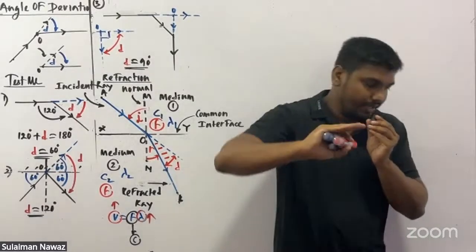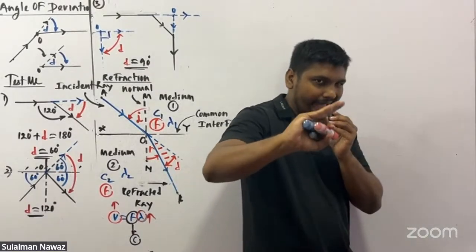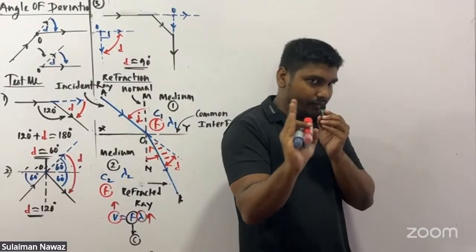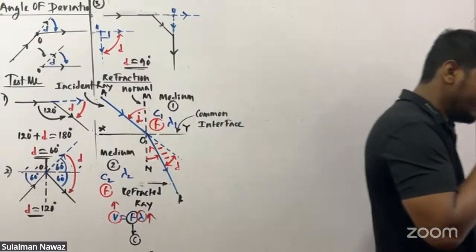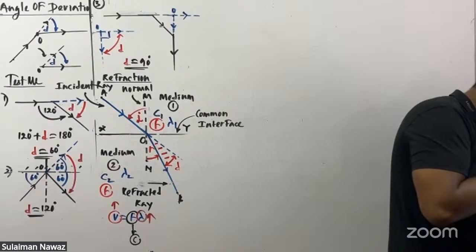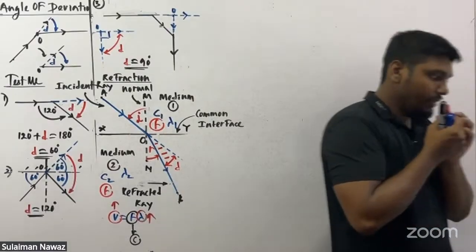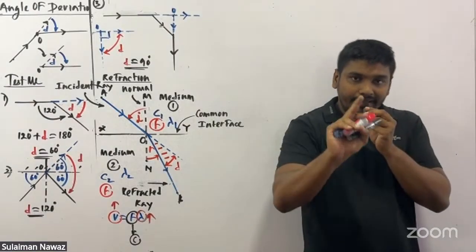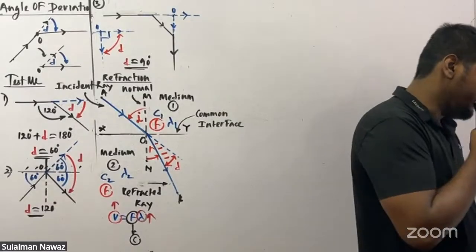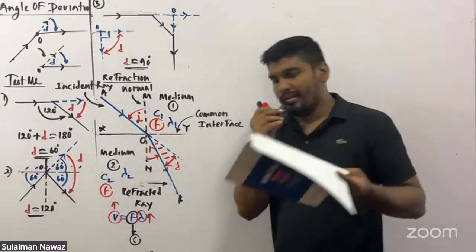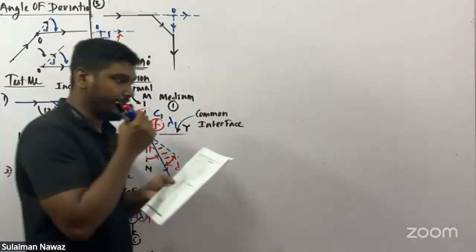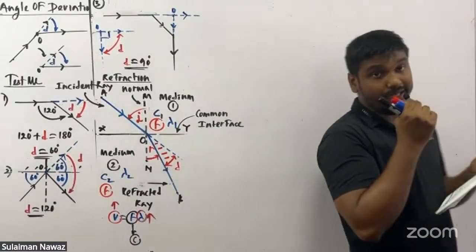So then the next page, page number 5, we'll define what is incident angle properly. Now we know what is incident angle, refracted angle, medium 1, medium 2. Under incident angle, write down: the angle measured from normal to the incident ray.